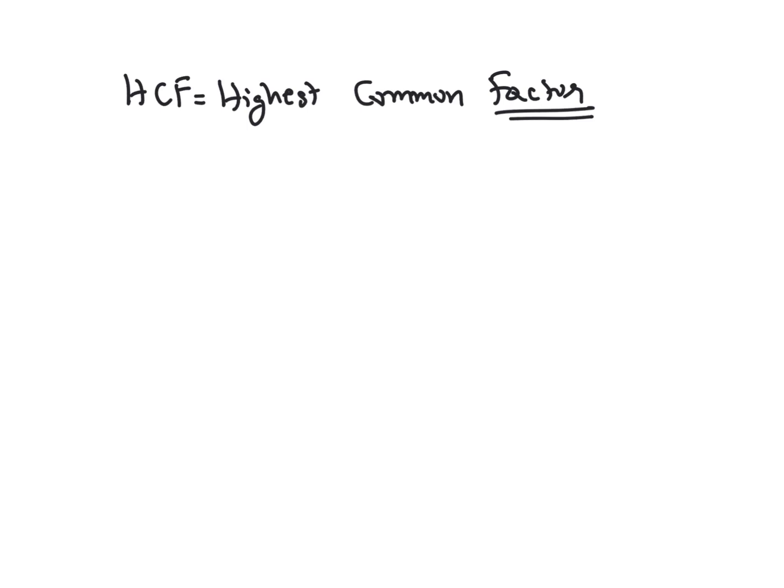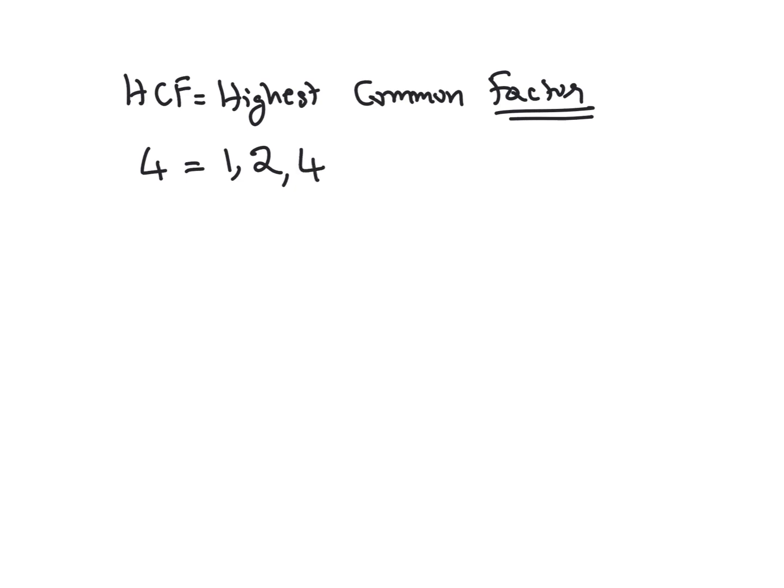What do you mean by factors of 4? When we say what are the factors of 4? In other words, what are the numbers that can divide 4? 1, obviously 1 divides all numbers. Then 2, 4 can be divided by 2, and 4 itself.